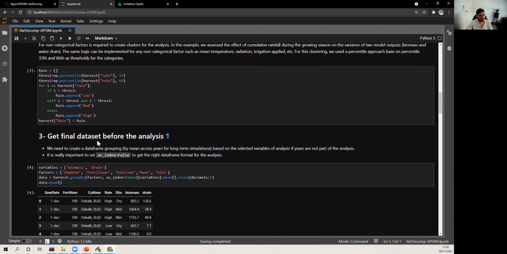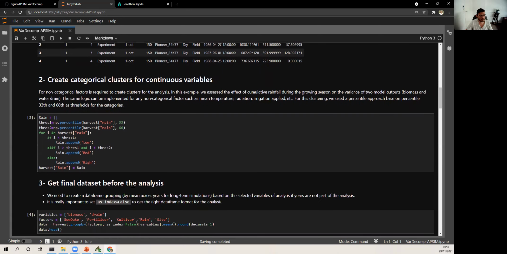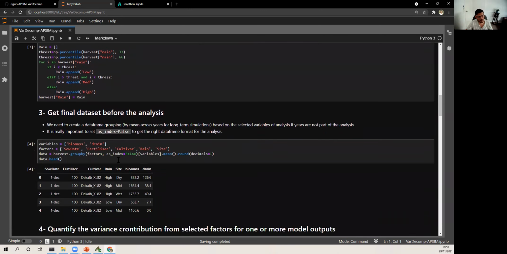So basically, then the third step is taking the information from this data frame plus the categorization of the rainfall and aggregating the information across years. So basically, the interannual variability will be behind this analysis, but it is not part of the factorial.